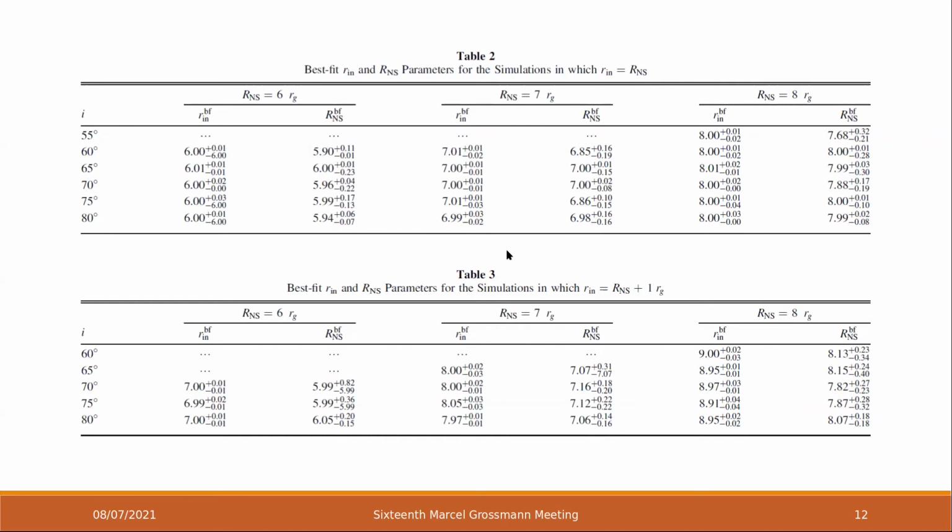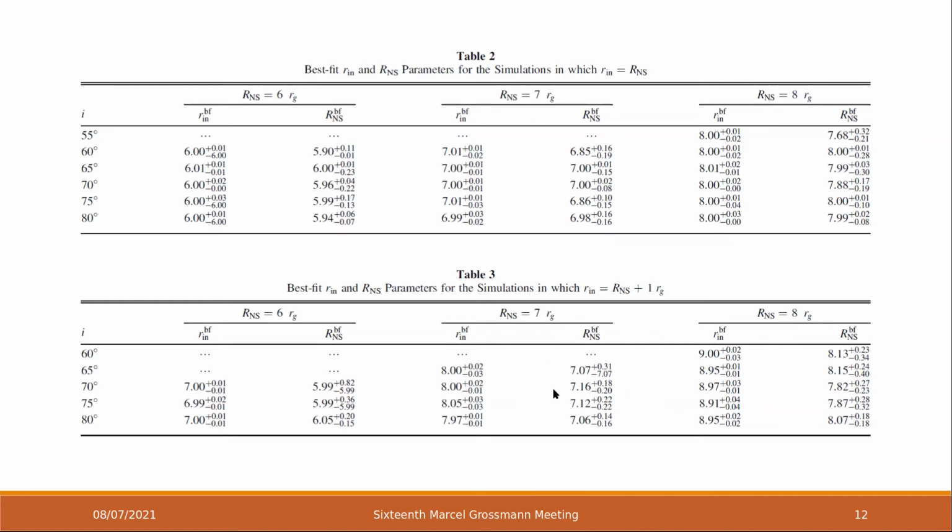But we also wanted to make things a little bit harder, and we decided to try it when the inner disk radius is a little bit further away from the surface of the star. So it's the radius of the surface of the star plus 1 RG. And still, in almost all cases, we could find, with the same precision, the radius of the neutron star.